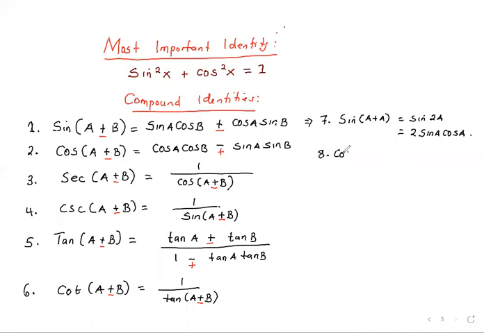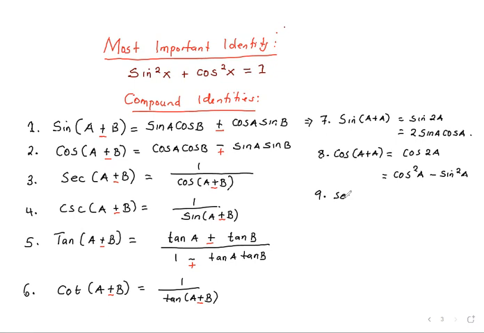So cos A plus A, we could get cos 2A. But on the right hand side, it would have been cos squared A minus sine squared A. So as you go down, things would happen like that.